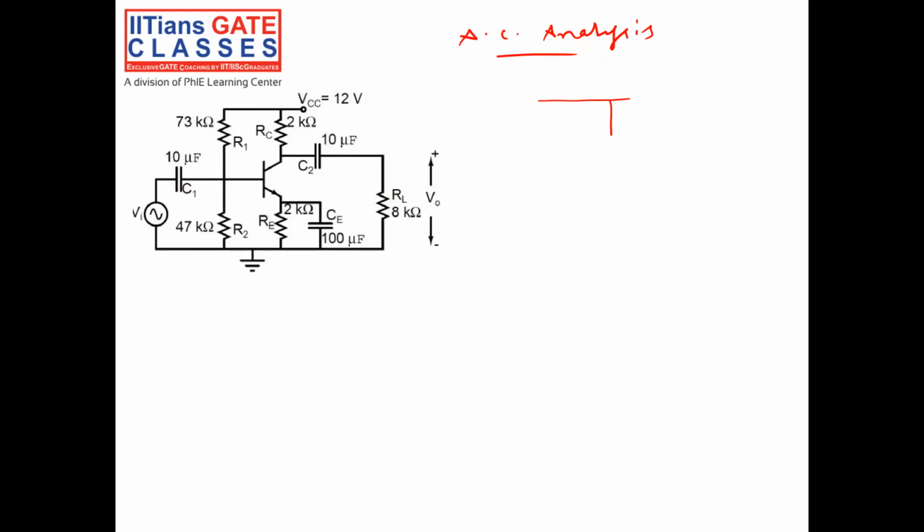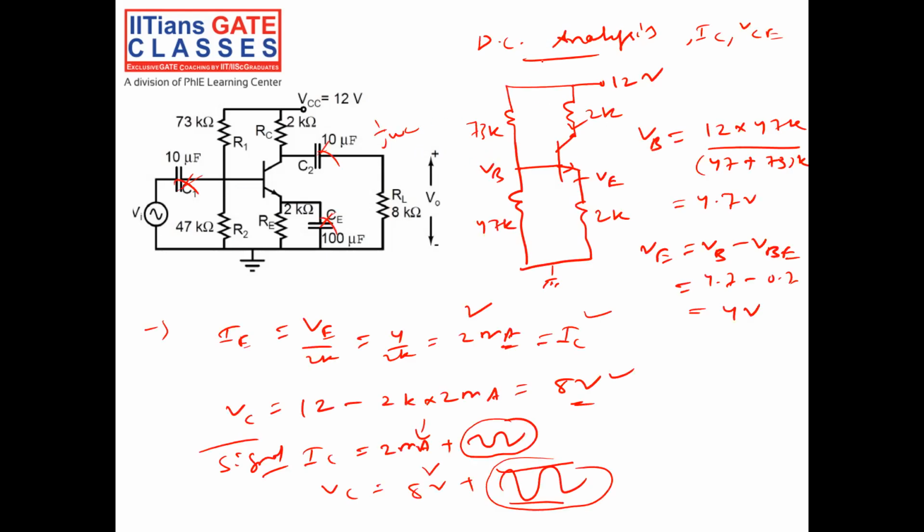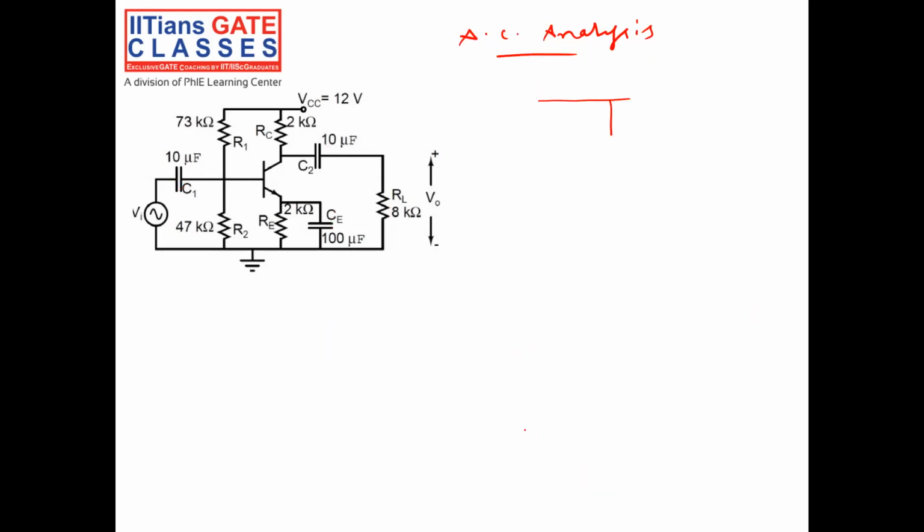Since actually both DC and AC are present, for my analysis I am doing only AC signal analysis, because I already calculated the DC. Now I will be only interested in the AC signals. So for AC signals, the DC will be 0, so it will be grounded.